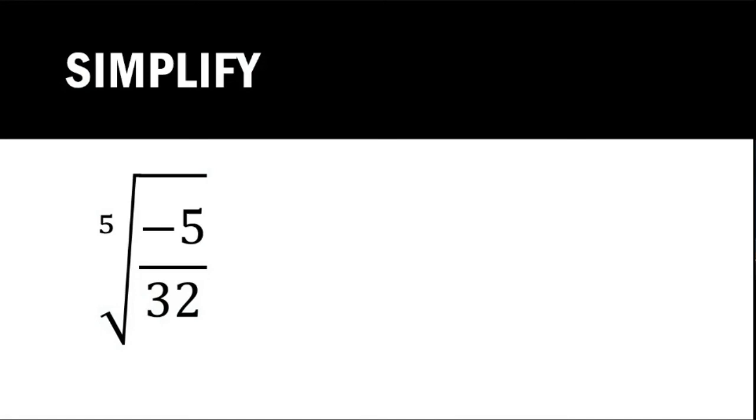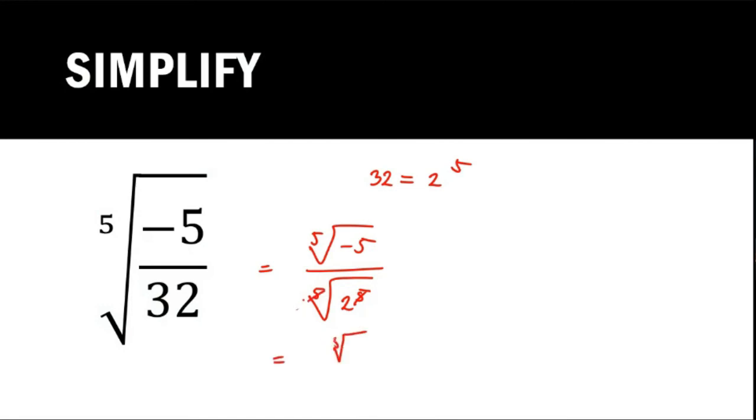So we need to eliminate it. 32 could be written as 2 raised to 5. By the laws of exponent, the numerator will be the fifth root of negative 5 all over the fifth root of 2 raised to 5. Again, we can simplify this. So the answer now will be the fifth root of negative 5 all over 2.